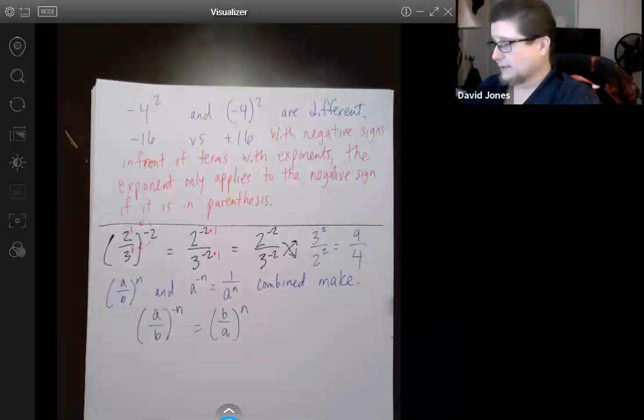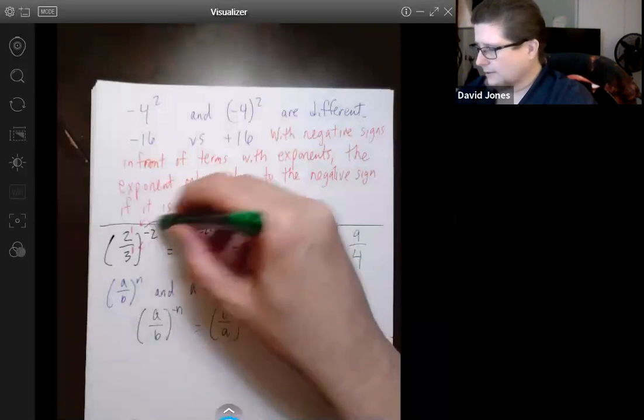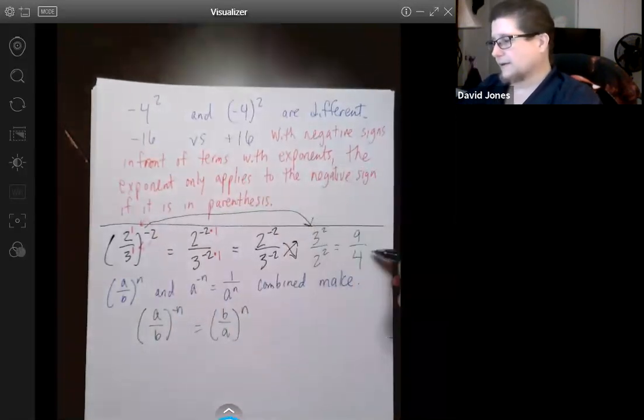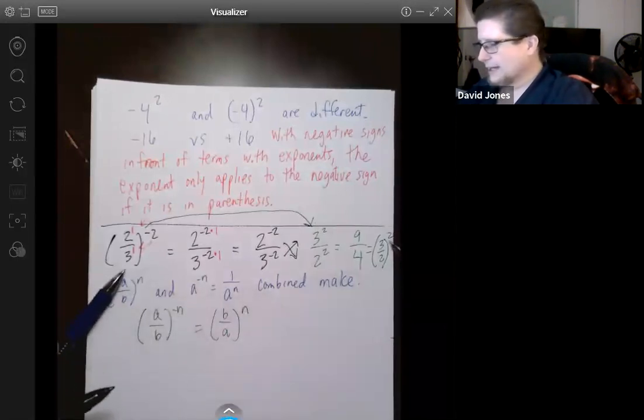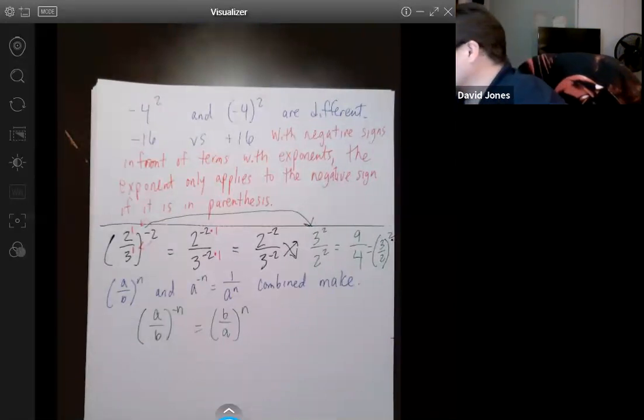Notice that's what happened here. This is 3/2 squared. I can put the 2 back on the outside. So flip the fraction, make the exponent positive. I don't know that you need to memorize that rule in addition to the other ones. It kind of is a compilation of the other ones.